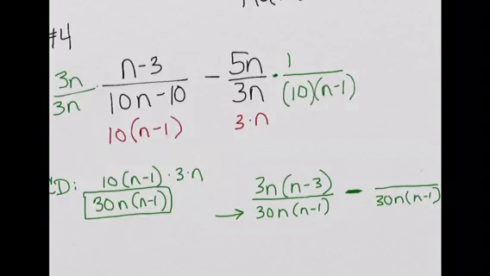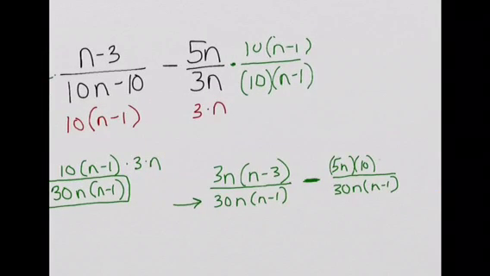So a 10 has to go on the top as well as an n minus 1. I'm going to rewrite that down here. I have 5n, and I'm going to multiply it by 10, and then by n minus 1. So this is what it looks like now that I've added in the stuff that the denominator was missing into each fraction.